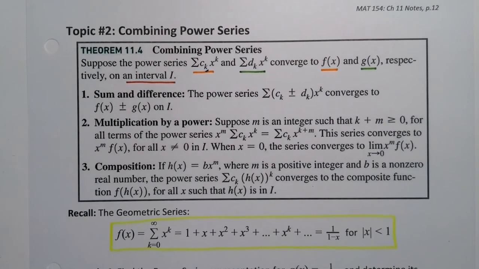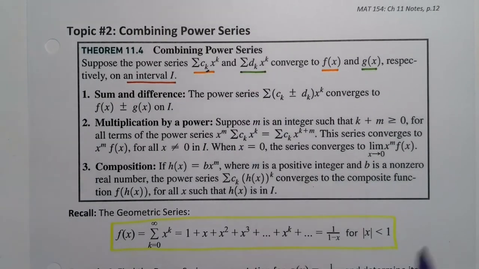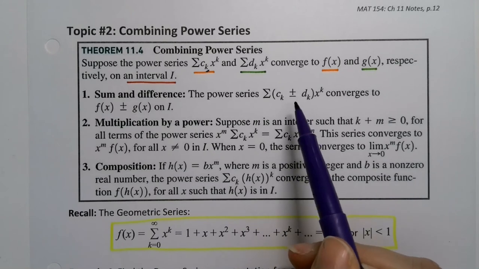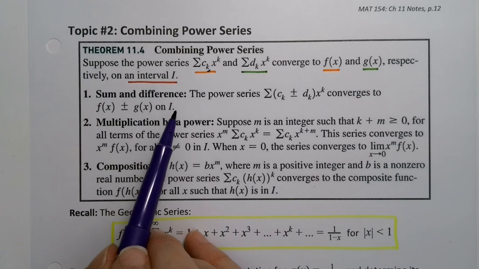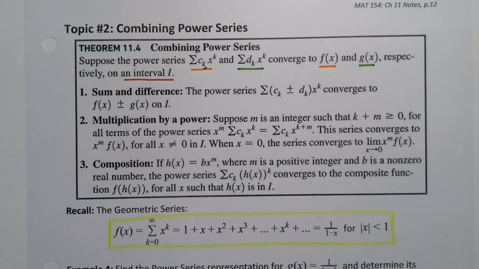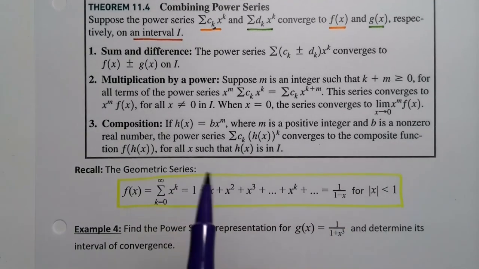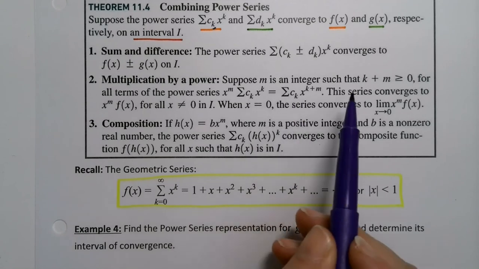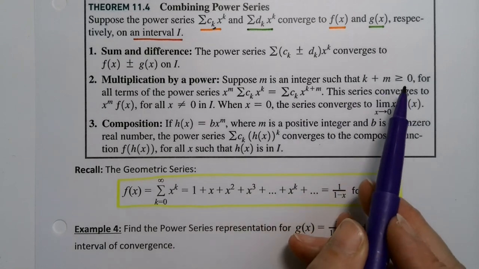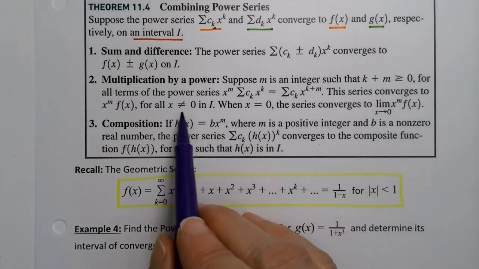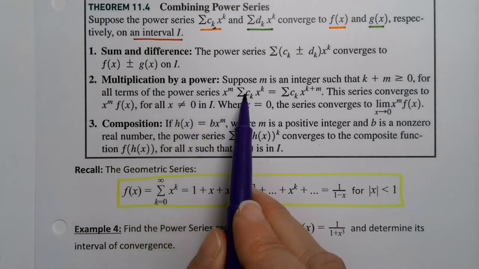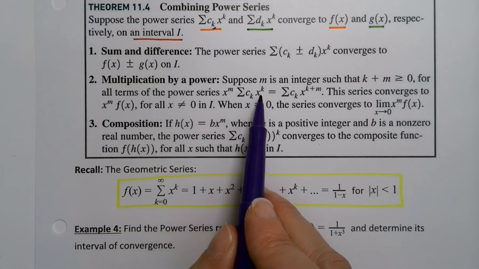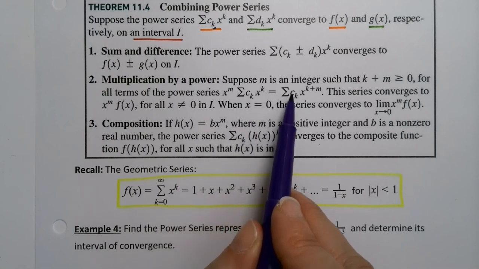Then we can actually combine them together to make a new power series that will converge to the sum or difference, depending if we did sum or difference, on that same interval I. Moreover, we could multiply. So if we have m, which is an integer, such that k plus m is greater than or equal to 0, k being our index, for all terms of the power series, x to the m times the sum of c sub k x to the k is equal to the sum of c sub k x to the k plus m.